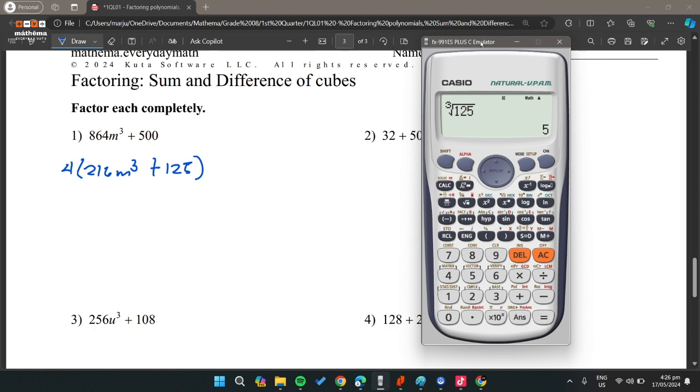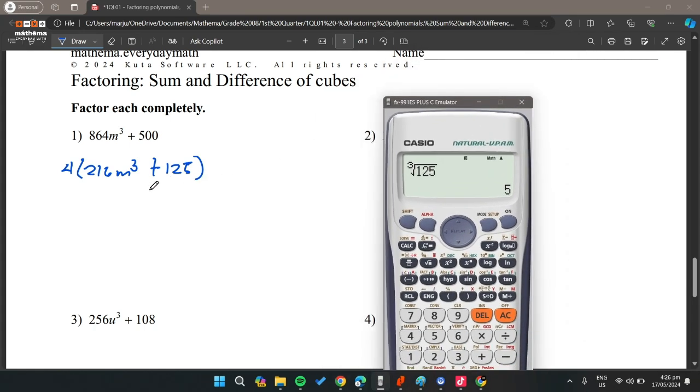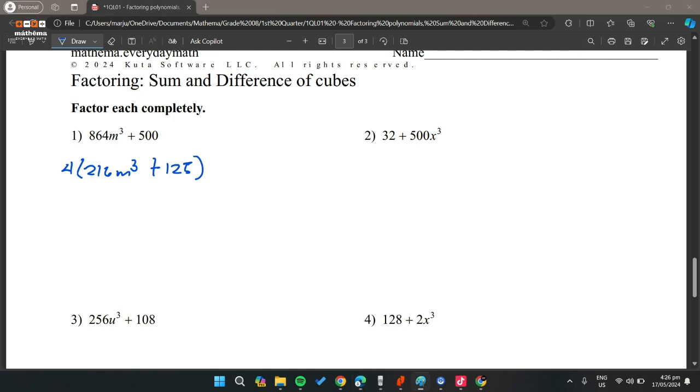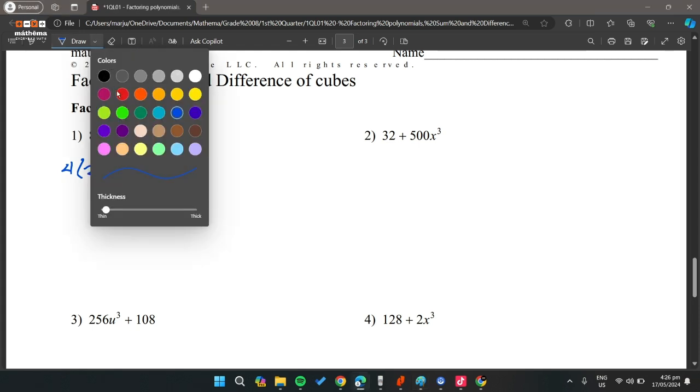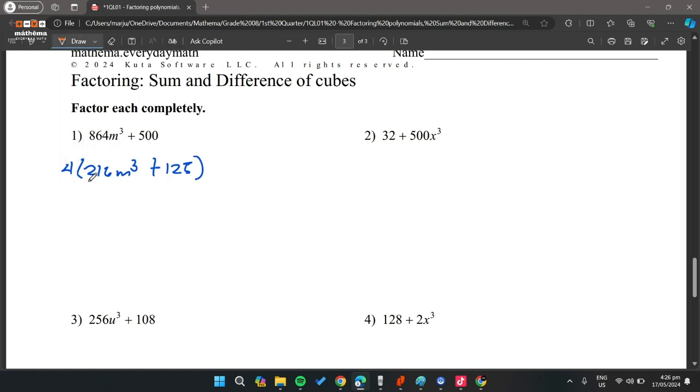So, now, when you are dealing with sum of two cubes, alright, what you are going to do is this. So, let me just write it here. When you're dealing with sum of cube numbers, example, you have x cube plus y cube.